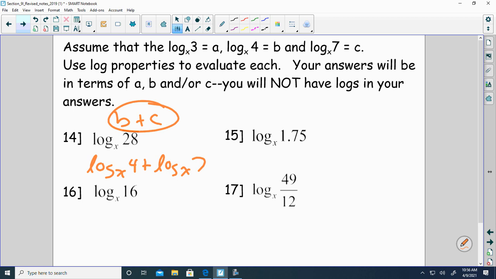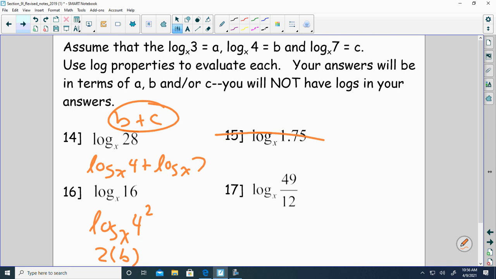The 1.75, I would convert 1.75 into 1 and 75 over 100. 1 and 75 over 100 is going to convert easier. But these should be doable. I would not give you something like this on a test, though. This one, log base x of 4 squared. 2 comes down front. Log base x of 4 is equal to b, so this becomes 2b.